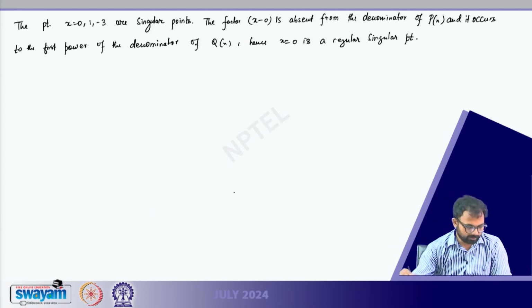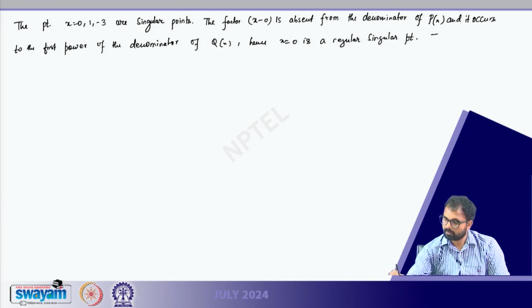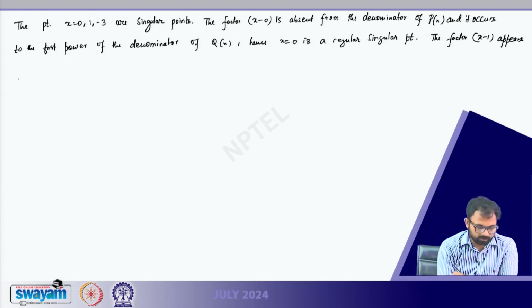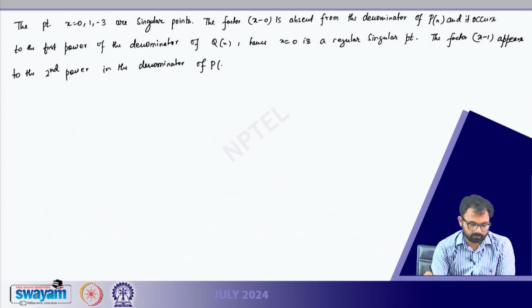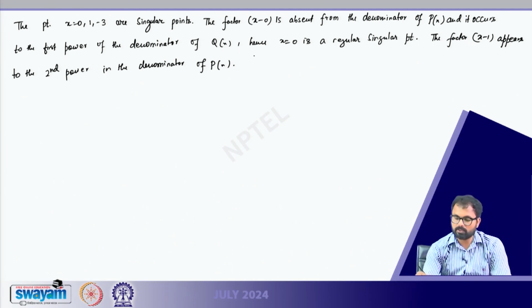So, here we can write the factor x minus 1 appears to the second power in the denominator of Px, which is not allowed or which is not permitted.